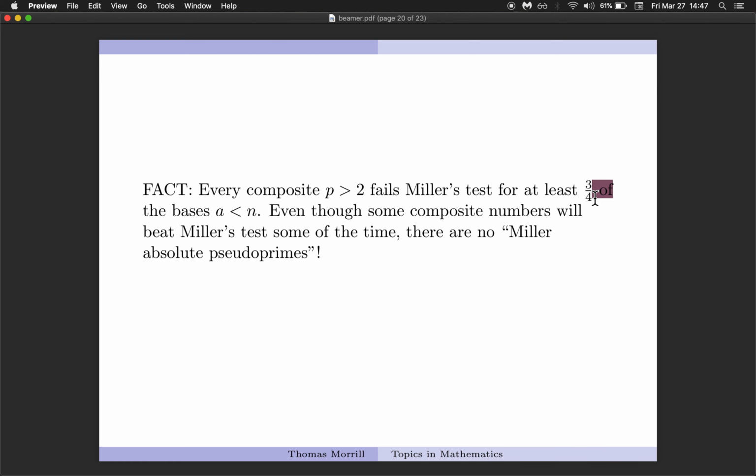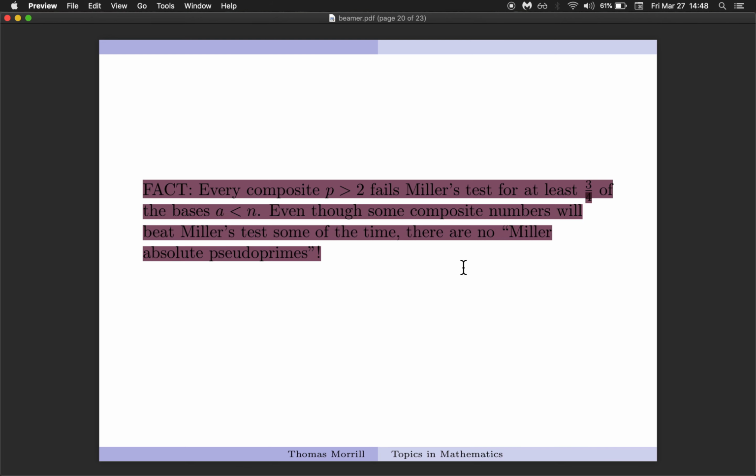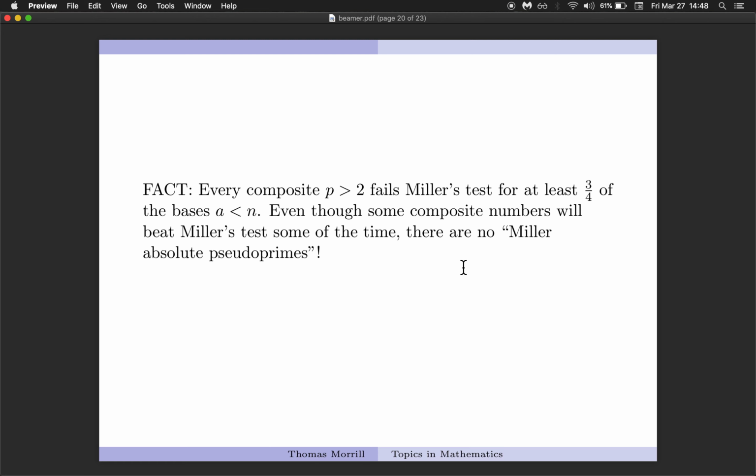Now this 3/4 idea can put us in the direction of looking at probability. I said before, if you pass the test, I don't know for sure whether or not I've got a prime number on my hands. So this fact here is telling me if I've got some number p and I pick some base a and I pass Miller's test, well, it could be that I just didn't pick the right a.